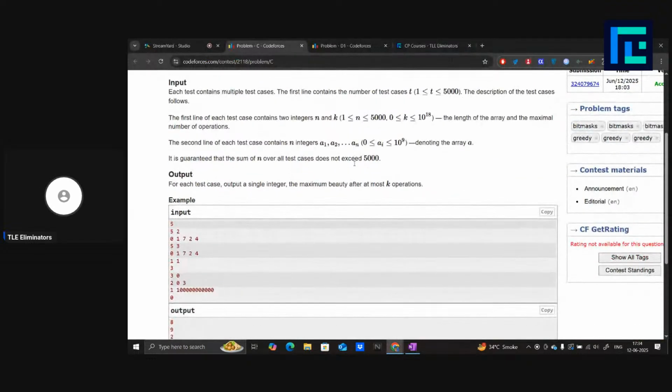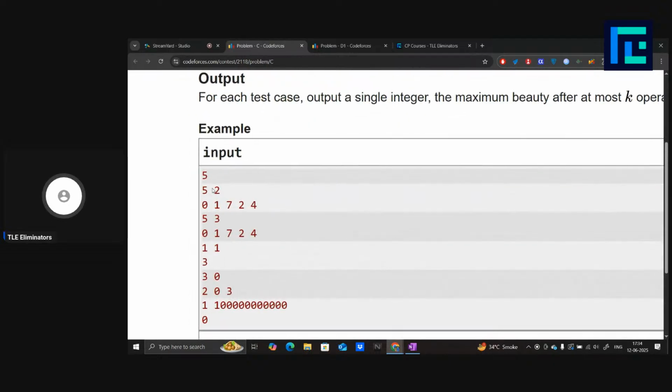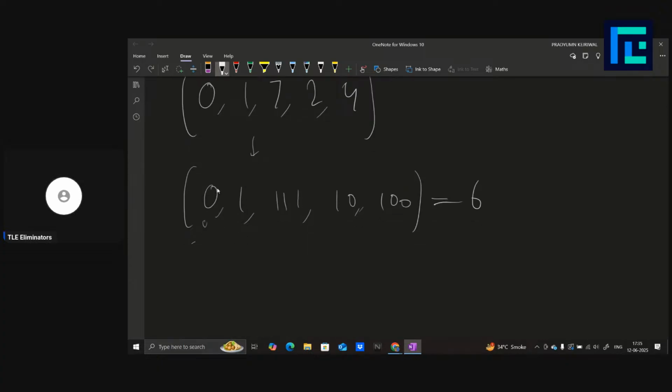So let's say in the samples we have 5 comma 2 and 0 1 7 2 4. So basically we can increase elements by 2 operations in total, right? So let's say I increase this one, so it becomes 1.